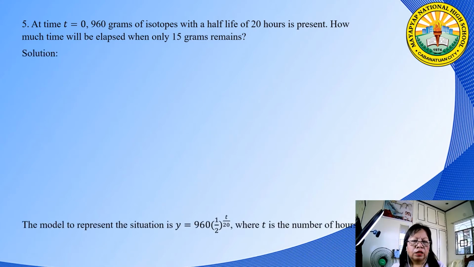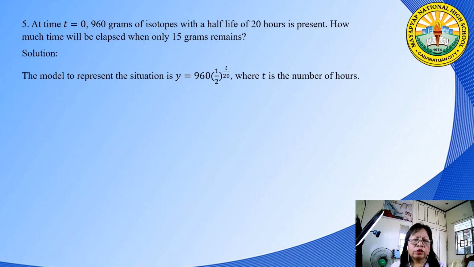The model to represent the situation is y equals 960 times 1/2 raised to t over 20, where t is the number of hours. To find t, let us substitute y equals 15. So 15 equals 960 times 1/2 raised to t over 20.